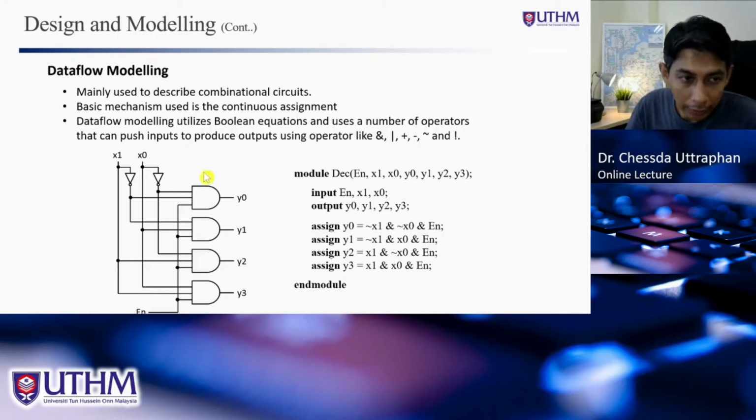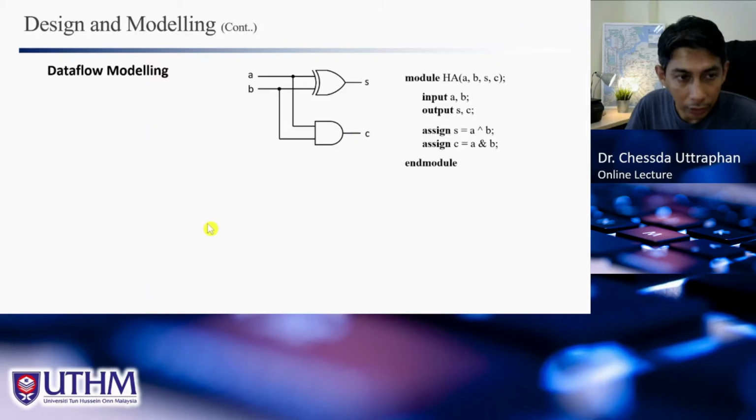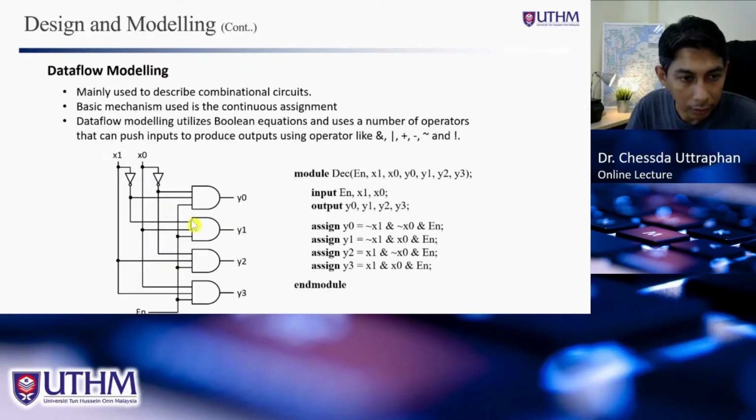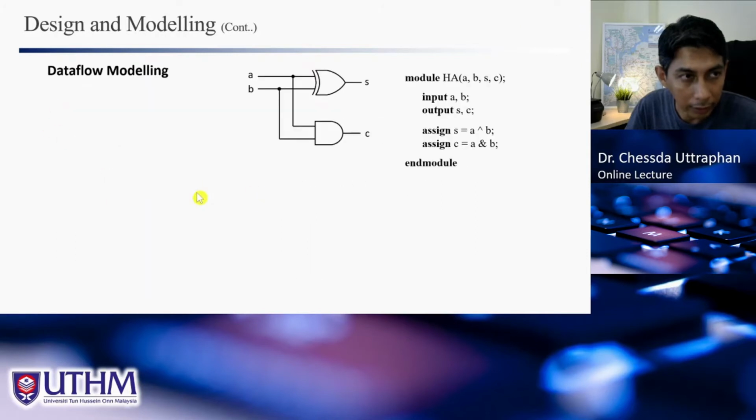We also can describe this circuit using structural modeling, because we have the connection. But before that, let's look at the second example here. This is also data flow modeling. The circuit is a half adder. I think you know already what a half adder is. You should have learned this in digital electronics before.